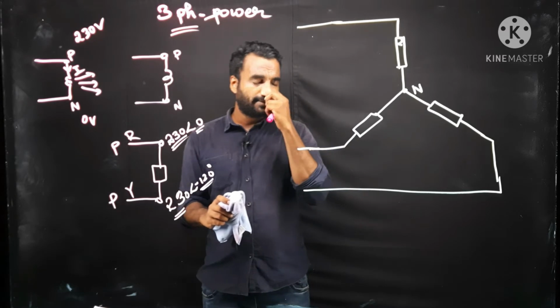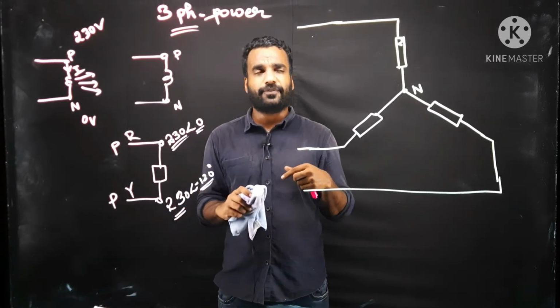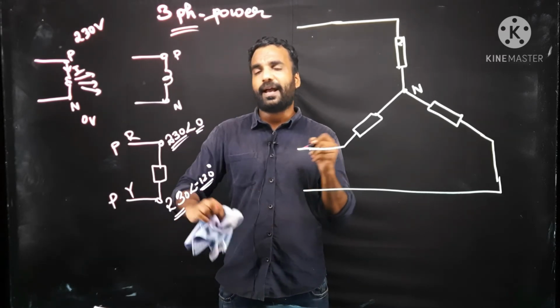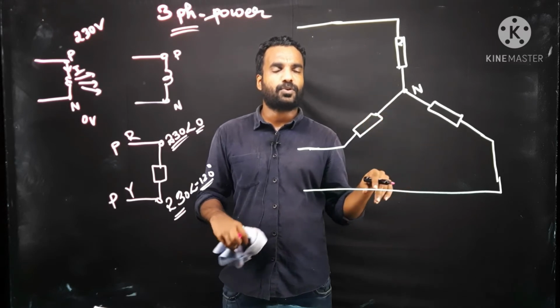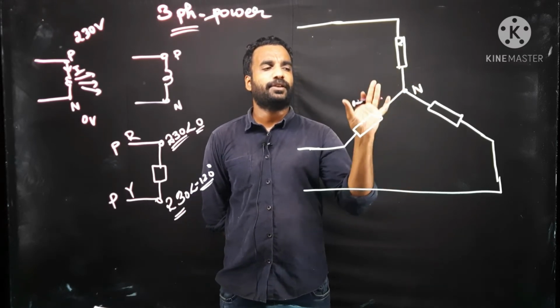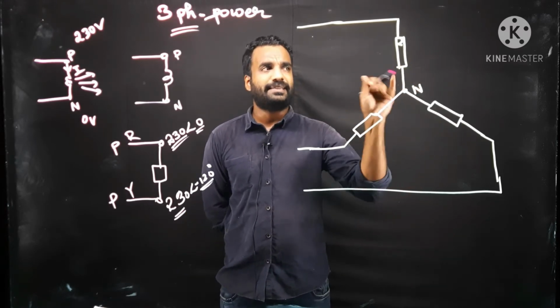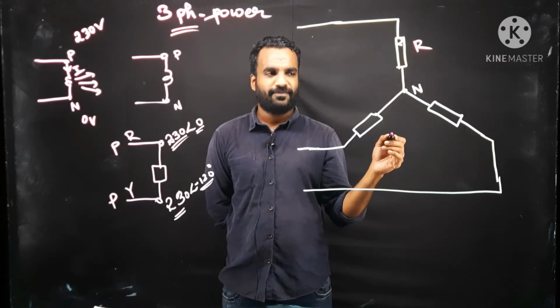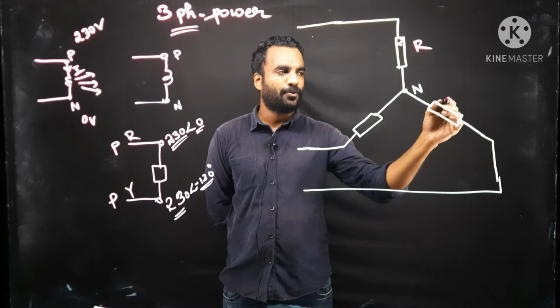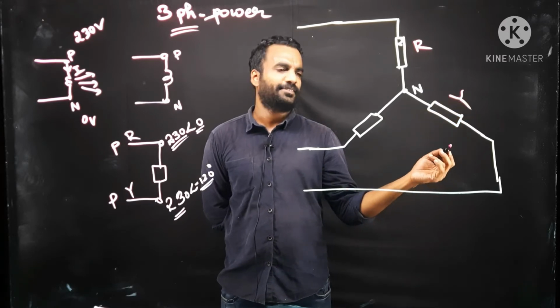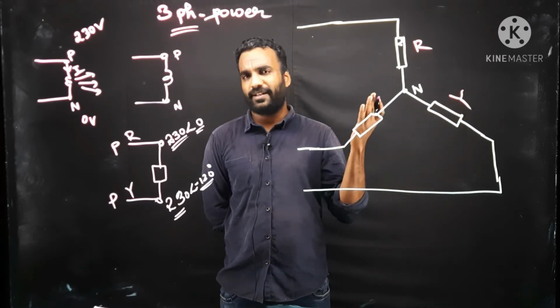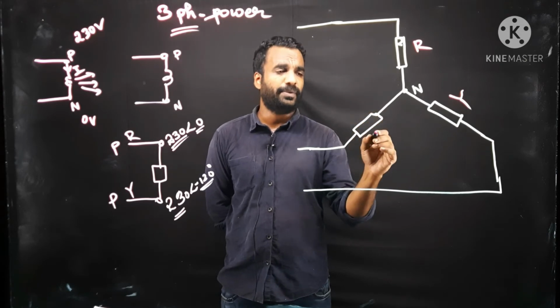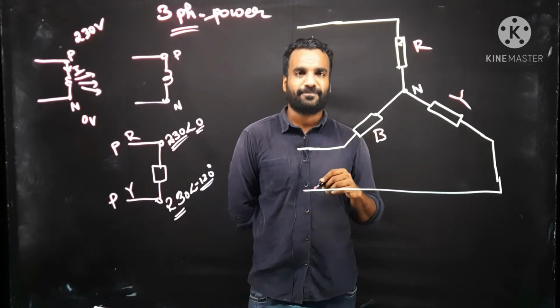Now the important thing is that if you are having three phase, you may have this connection. In your home, if you are splitting your load, your kitchen and bedroom is in R phase, your dining hall and your home theater will be in Y phase, some other work area or some sit out will be in B phase.